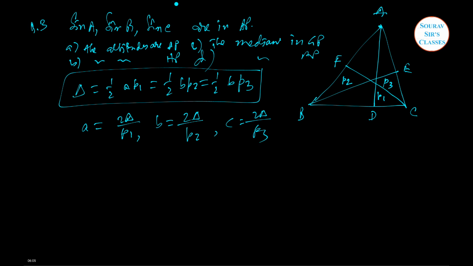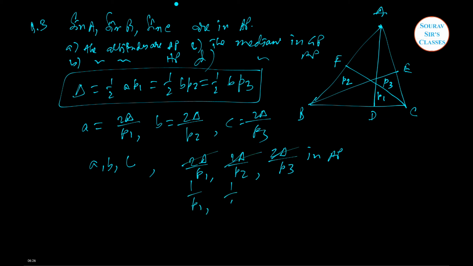Now sin A, sin B, sin C are in AP. So that means a, b, c are also in AP. That means if a, b, c are in AP, so 2 delta by P1, 2 delta by P2 and 2 delta by P3 are also in AP. That means these all are cancelling out.